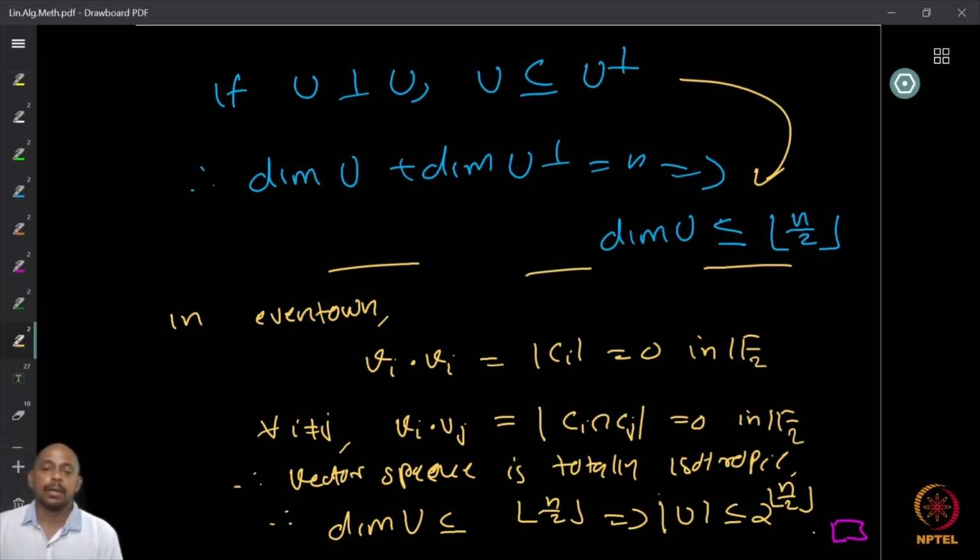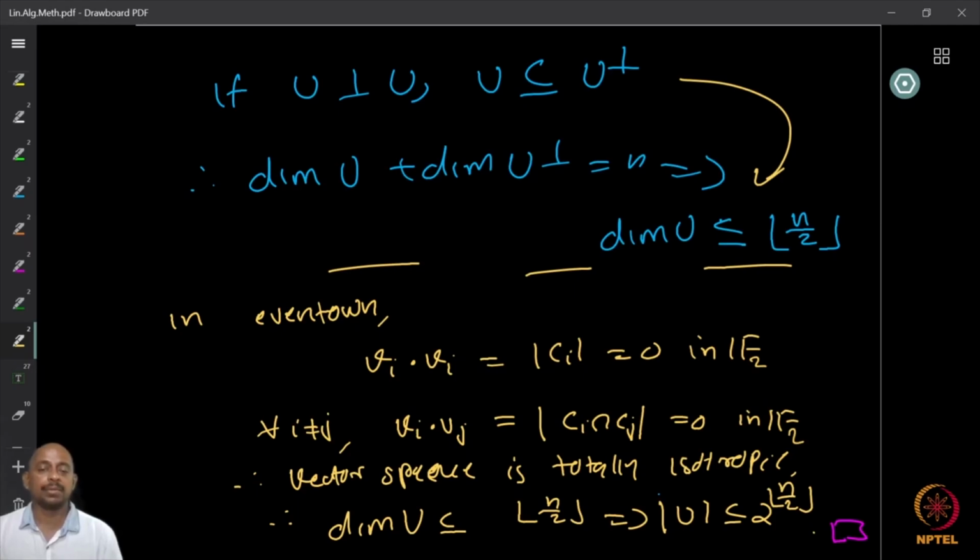Now we have a vector space that is totally isotropic, because every vector here is perpendicular to itself: the span of v1 to vm is all perpendicular to itself, since vi dot vi is 0 and vi dot vj is 0 in every case. So U is totally isotropic, and therefore the dimension of U is less than or equal to floor of n by 2, where n is the dimension of the vector space.